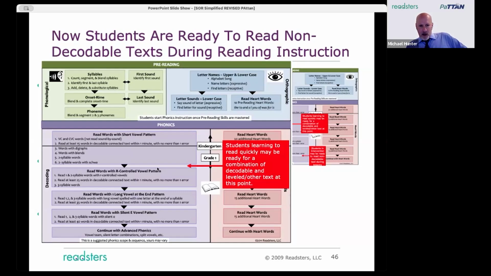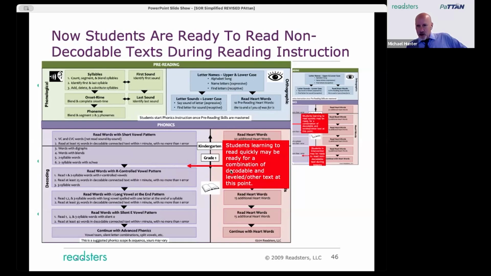Now on the map, I want to point out that once students get through the 2-syllable words with schwa, typically developing students may actually be able to start reading leveled text along with their decodable text, because if they're typically developing, they have enough wiring of the decoding brain that they can become what David Scher calls self-learners, and they start to intuit some of the patterns, even if you haven't taught them yet, because their brain's wired to start accessing it.